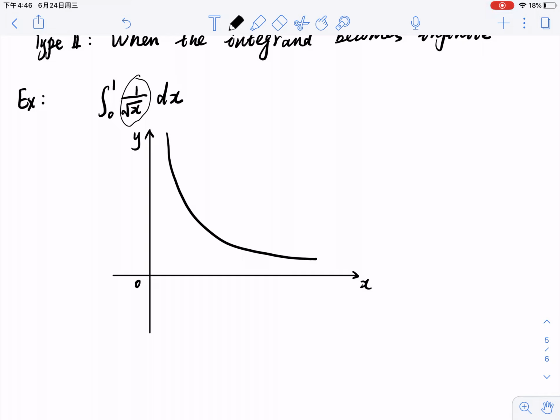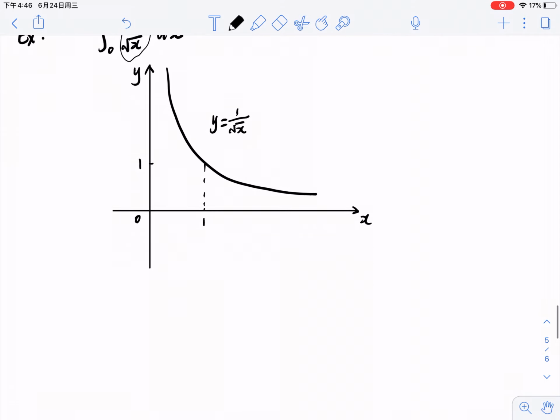Suppose this is the graph of the function y equals 1 over square root x, and x equals 1 is here. When x is 1, y is also 1. So you see that the integrand blows up at x equals 0. This is the problem.